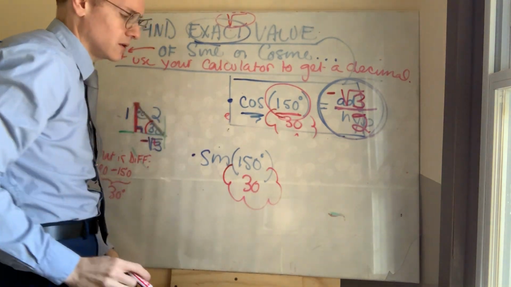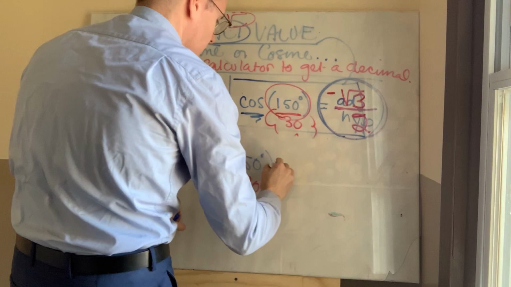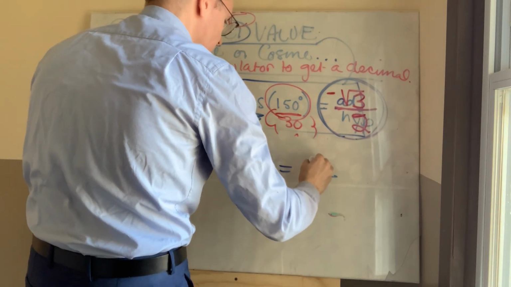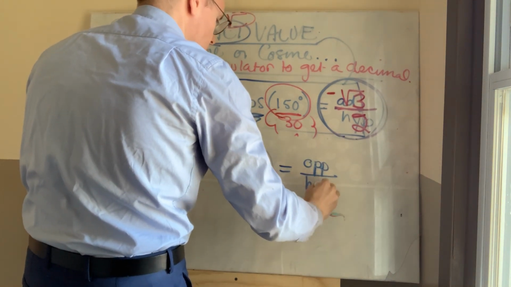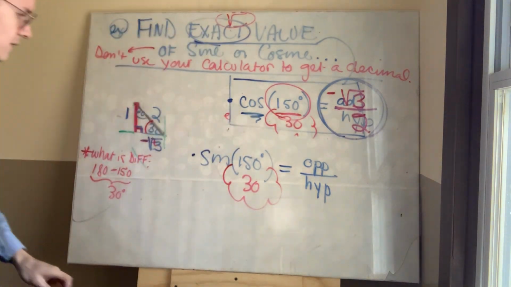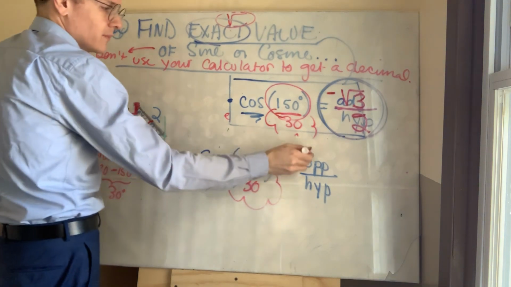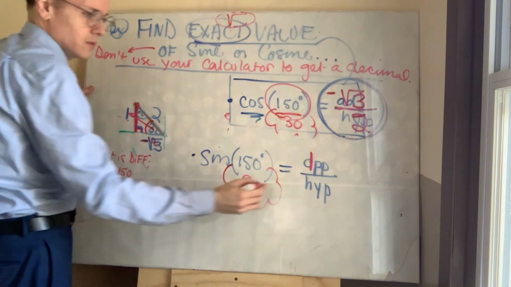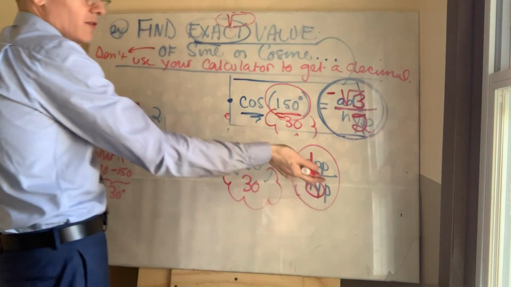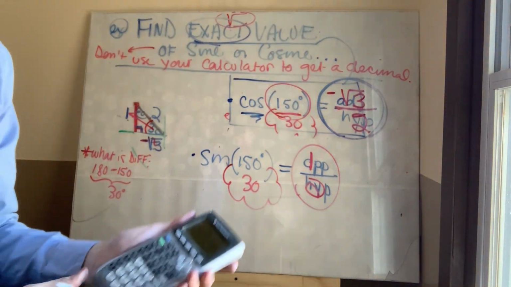If sine is, under normal circumstances, opposite over the hypotenuse, then just incorporate these values. Opposite of 30 is 1. Hypotenuse is still 2. So it would be 1/2 in that case. 1/2 is 0.5 as a decimal.